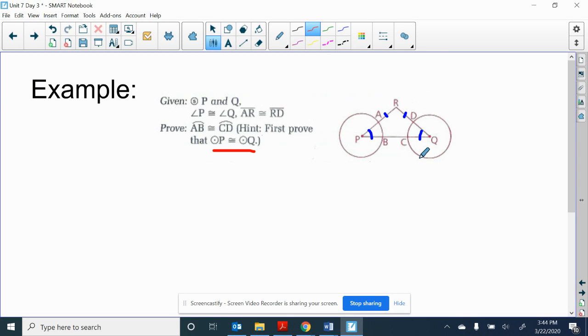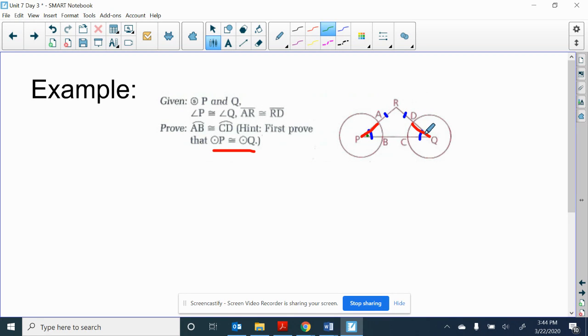All right, as I mentioned earlier, circles are congruent if and only if their radii are congruent. So we have to show that PA and QD are congruent to each other. Well, okay, how can we do that? I'm going to invoke an oldie but a goodie. Since I know angle P and angle Q are congruent, what kind of triangle is PRQ? It's isosceles.